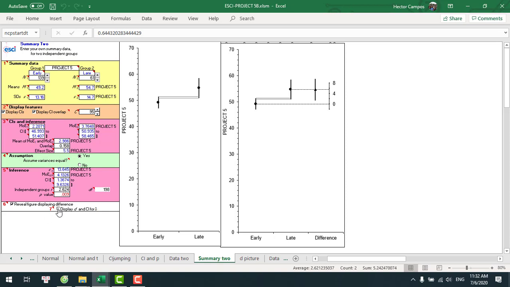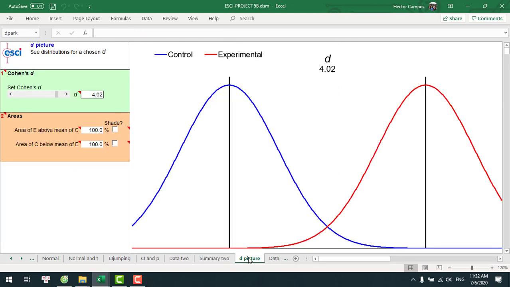When we calculate the Cohen's d value, in this case we get a Cohen's d value of 4.02. So when we look at the pictures here, we have a d value of 4.02. We see that these two, in terms of standard deviations, are very far away.